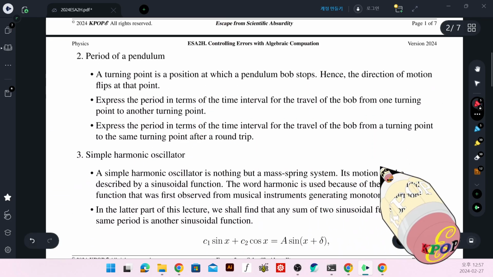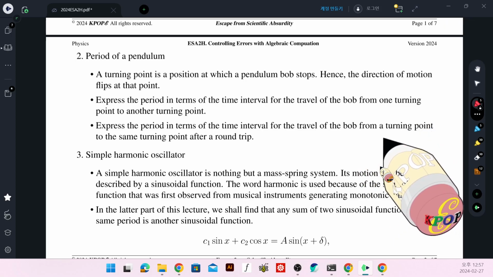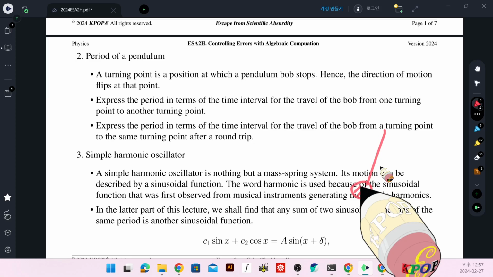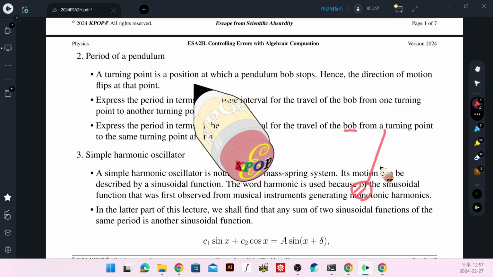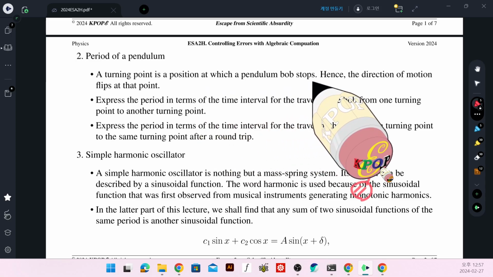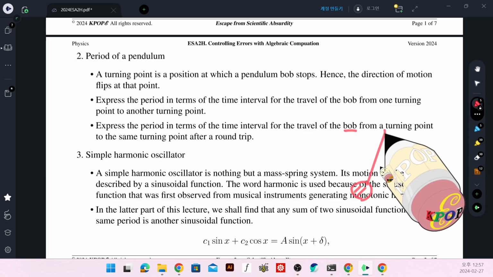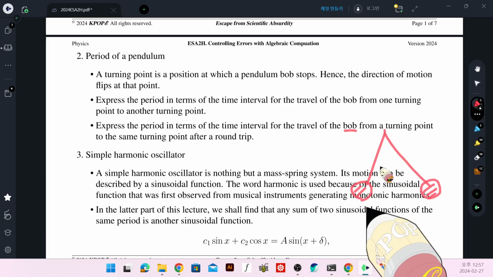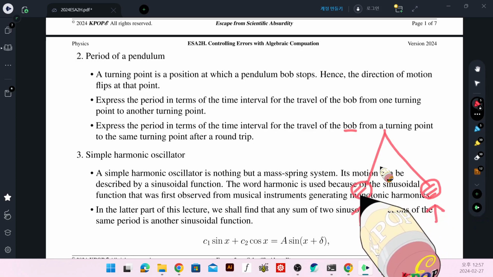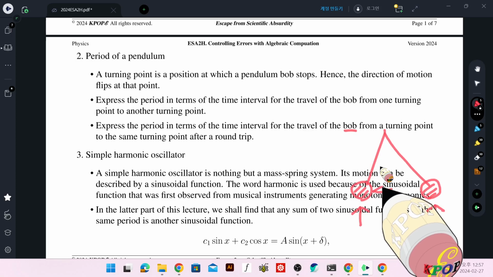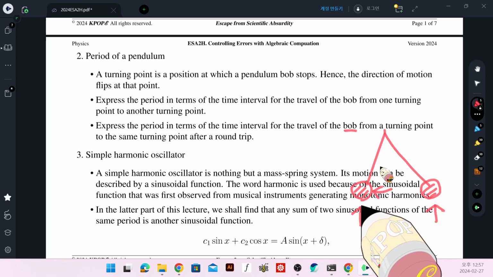2. Period of pendulum. A pendulum has a mass, which is also called a bob. The turning point is the position at which a pendulum bob stops. The pendulum is like a swing. We have two stopping points. Before this bob reaches this point, it was moving to the left, and then at this point, it stops.